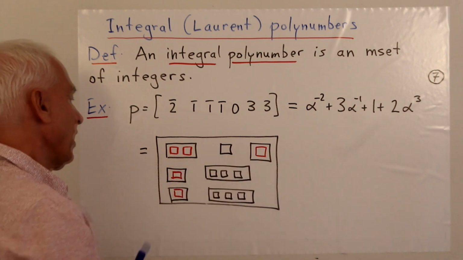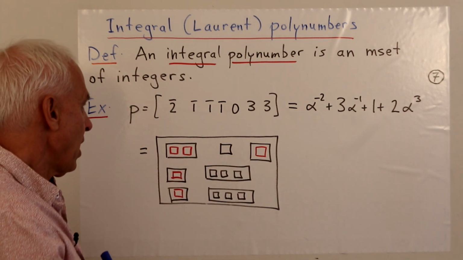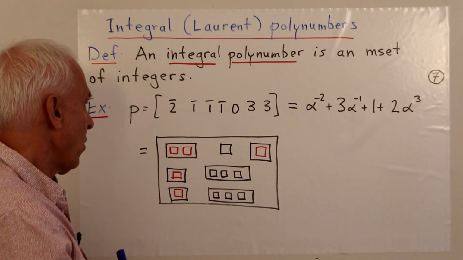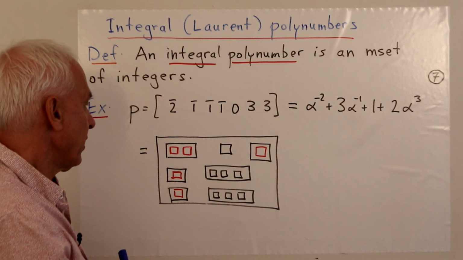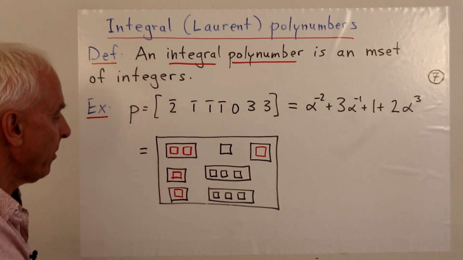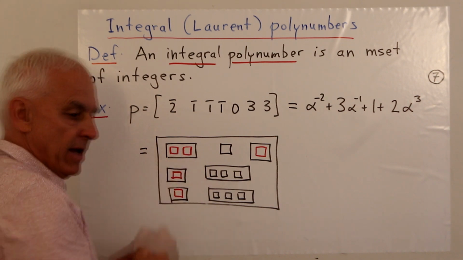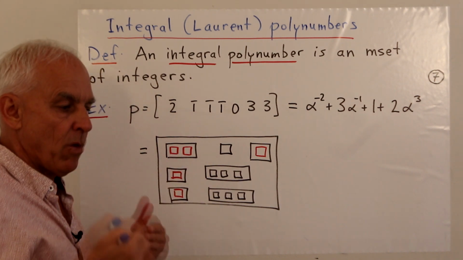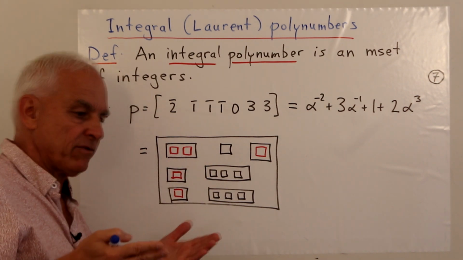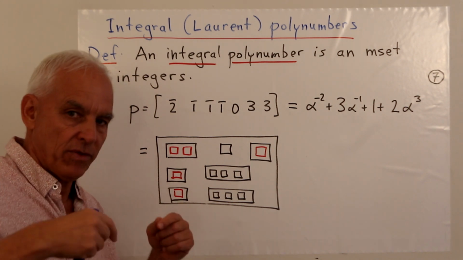So in terms of a box, here's a box that corresponds to this. There's a box, and it has a 2 bar in it. Where's the 2 bar? This thing here is essentially the 2 bar, because a 2 would look like a black box with 2 empty boxes inside it. If we want to negate that, we have to take the mset which consists of the antes of all the ingredients.